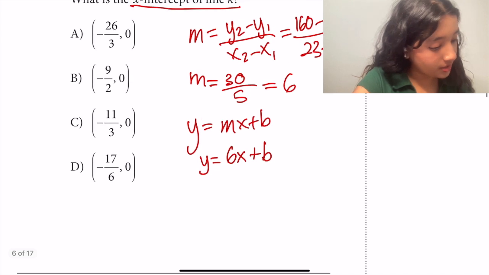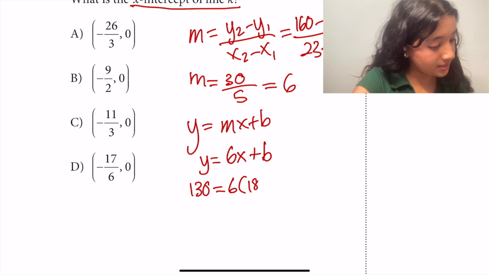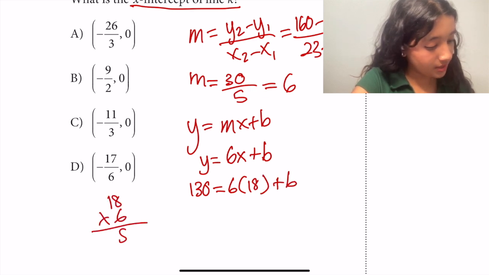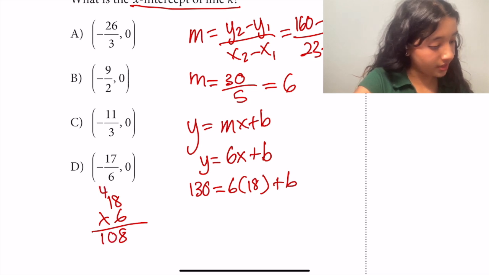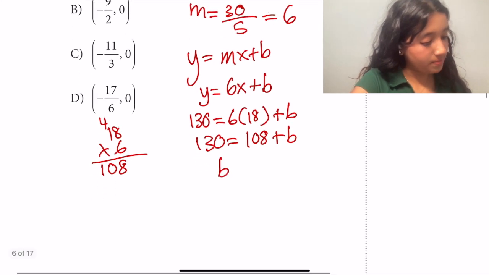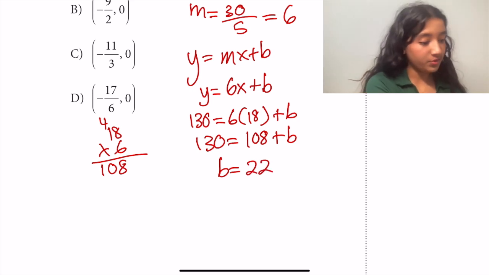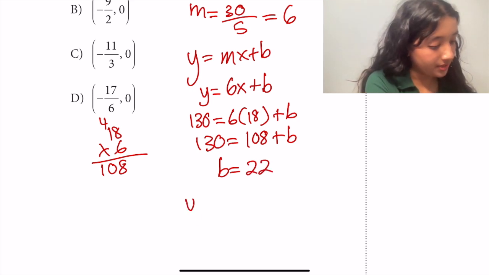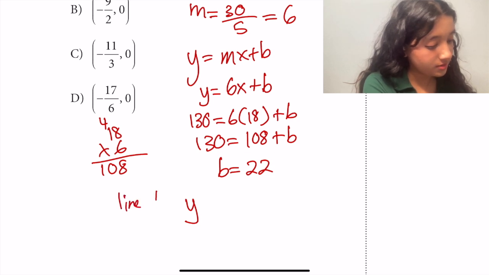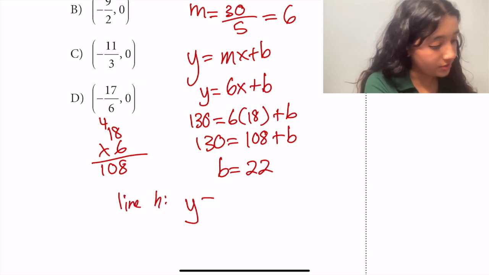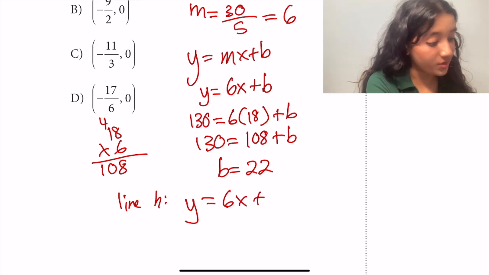So if we plug in y equals 130, and that's equal to 6 times 18 plus b, well, 6 times 18, we can do that out, and we get that's equal to 108. So 130 equals 108 plus b, and that means that b is equal to 22. So then we can plug that in. So we'll have that line H is represented by the form y equals 6x plus 22.